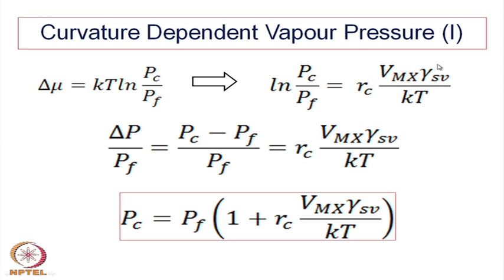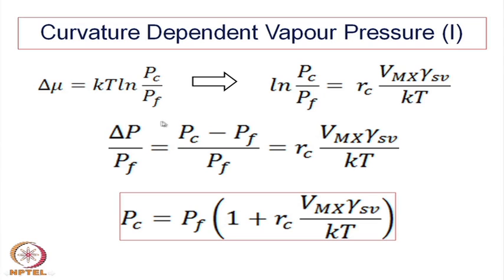Gamma Sv is again the solid-to-vapor surface energy, Vmx is the volume of one formula unit of Mx, Rc is the radius of curvature, and kT as usual is the Boltzmann constant and the temperature.